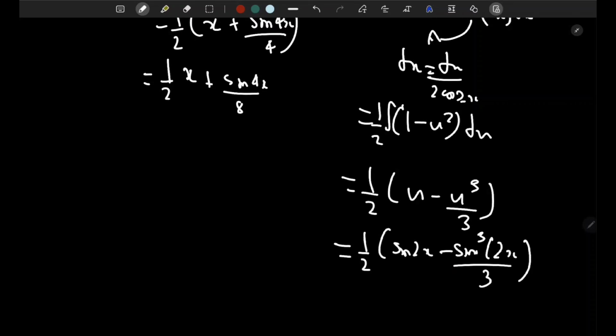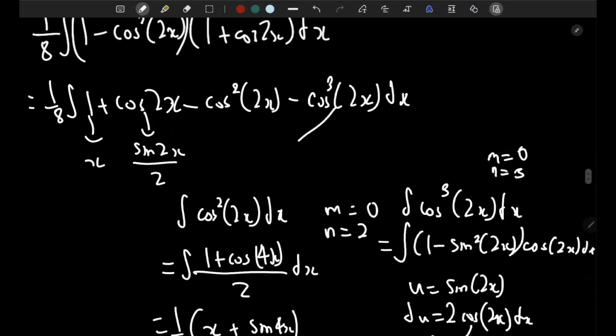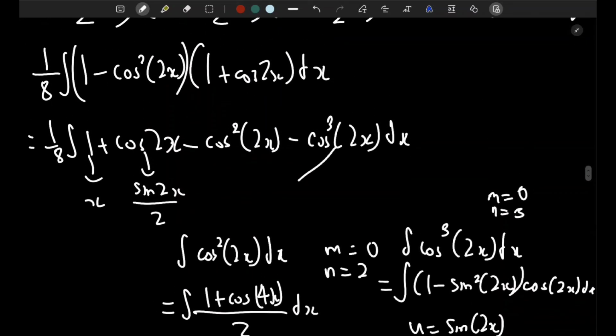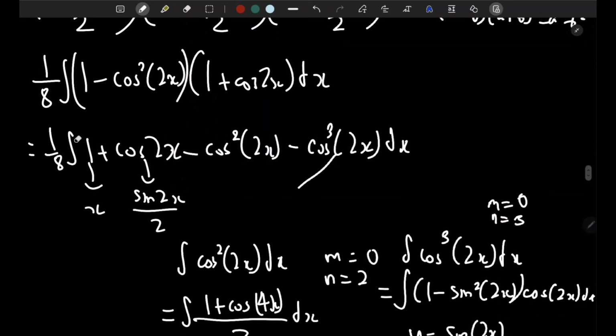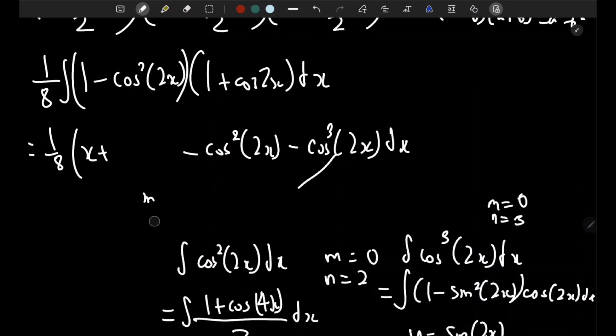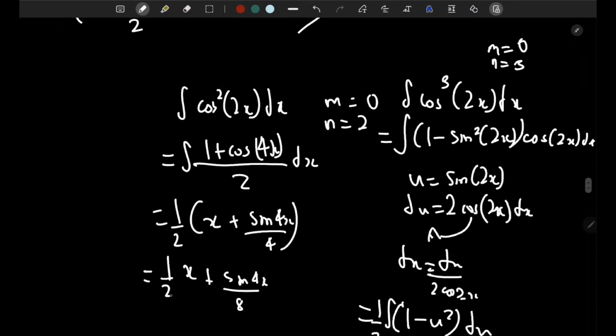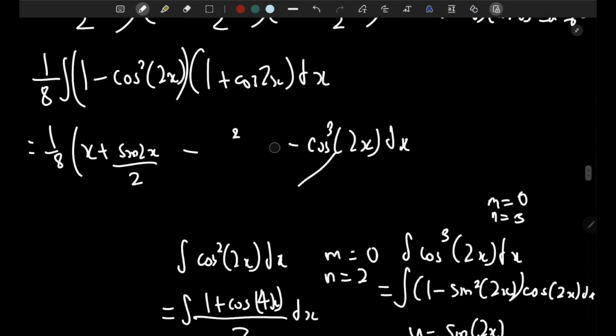And now we can plug in all the values from our main integral. So it's going to be 1 over 8, and this is x. Cosine 2x is sine 2x over 2 minus cosine squared 2x was our this part over here, so half x plus sine 4x over 8. So I'm going to open brackets and write it here.